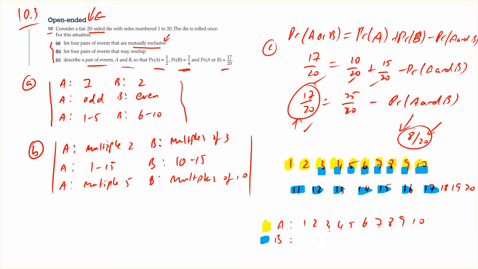And event B would be rolling a 3, 4, 5, 6, 7, 8, 9, 10, 11, 12, 13, 14, 15, 16, 17. So that's a very simple case I've done. I've tried to choose the easiest way, and I believe this one's the easiest way to achieve what we want in the conditions. Hopefully this helped.